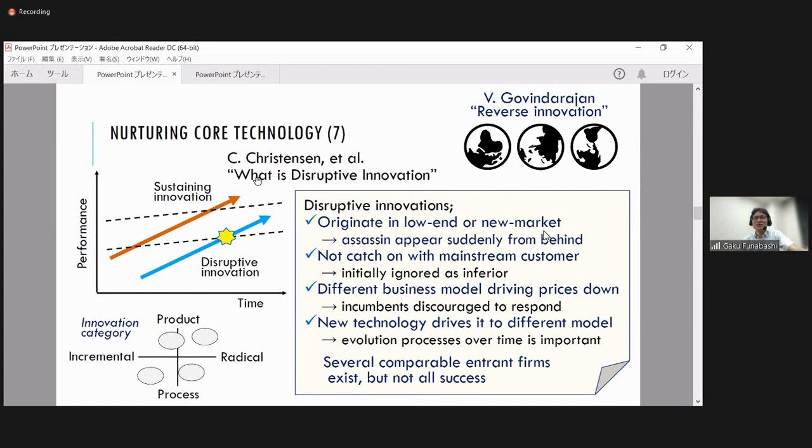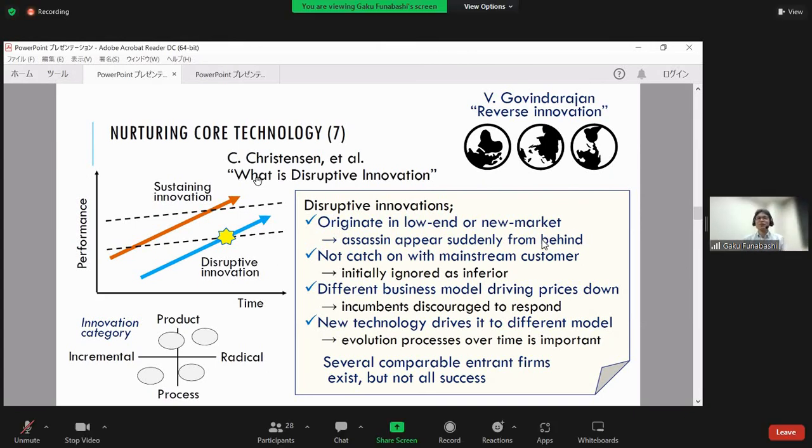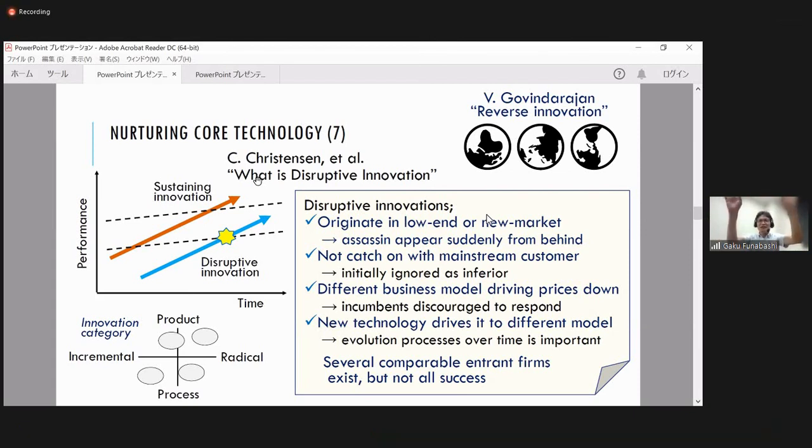When Samsung entered the semiconductor business, American companies and Japanese companies were the market leaders. No other companies, no other country. But because they competed at the high-end market, they didn't care about the low-end market.